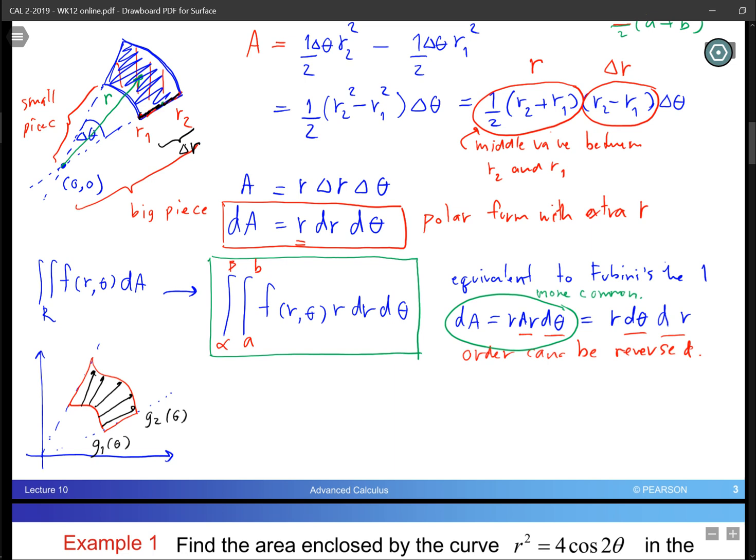And this makes the formula change a little bit. Double integration again, f of r and theta, r dr d theta. Instead of sweeping from a to b, we sweep from the inner function g1 theta to the outer function g2 theta. And for the angle, same thing, over the whole range from alpha to beta.